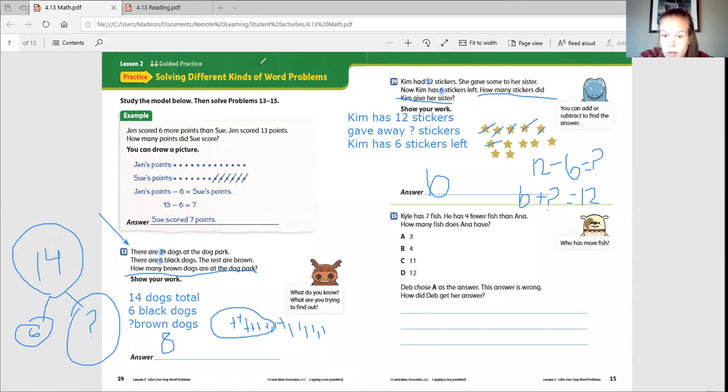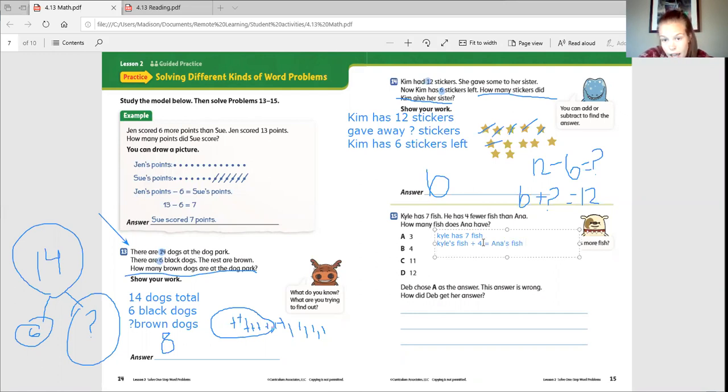So let's figure out what we know first. We know that Kyle has 7 fish. He has 4 fewer fish than Anna. So that means it's going to be Kyle's fish plus 4 equals Anna's fish.